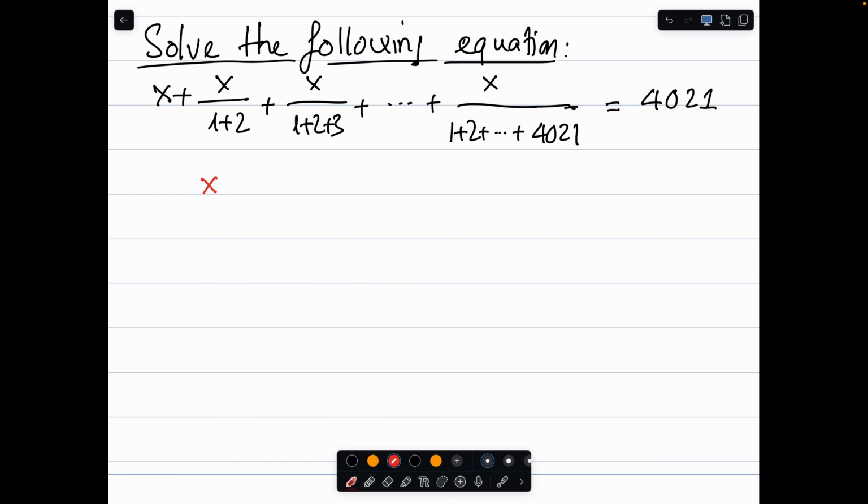This is the equation: s divided by 1, plus s divided by 1 plus 2, plus s divided by 1 plus 2 plus 3. As I'm writing up to here, you can see the pattern, okay?